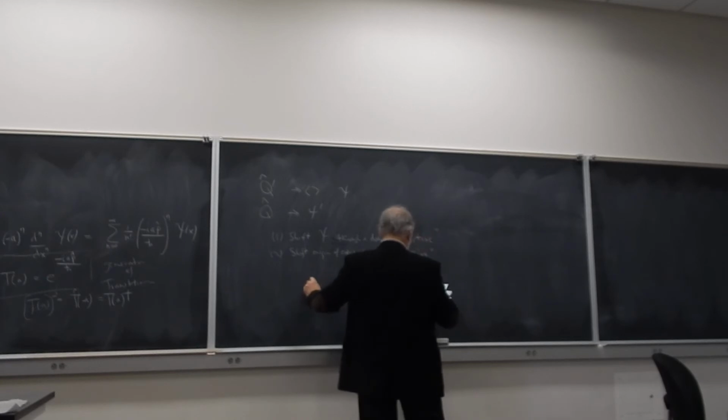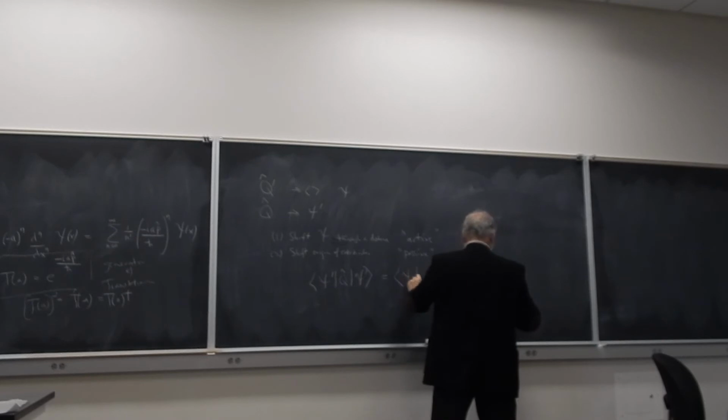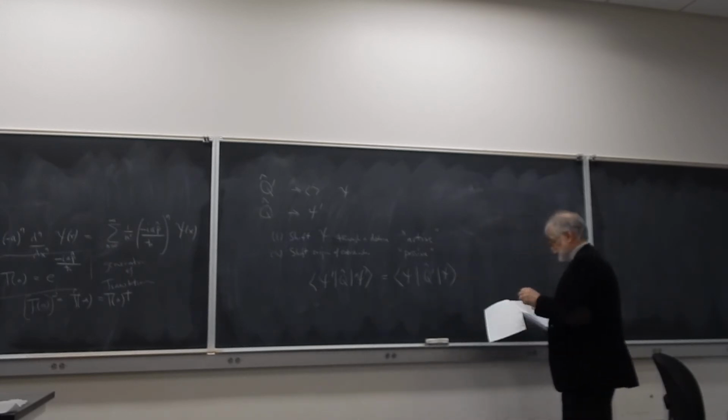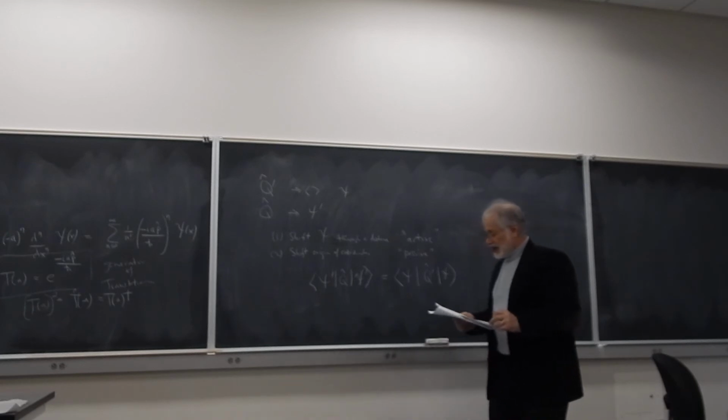Mathematically, what this is saying is that psi prime Q psi prime is equal to psi Q prime psi. So Q prime is the operator in the shifted coordinate system.